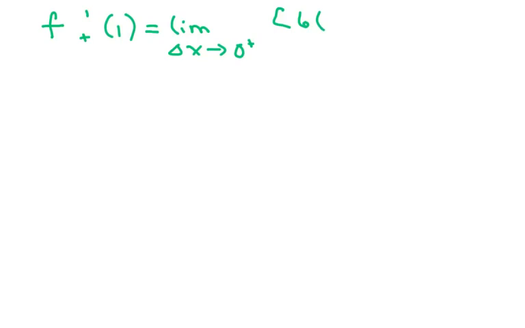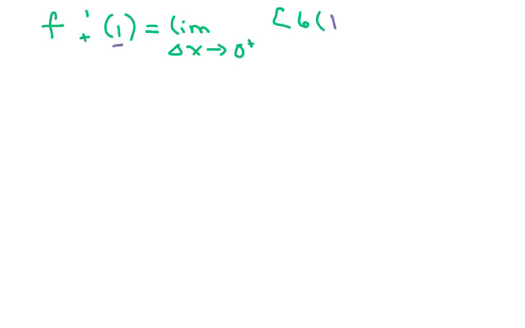We're going to take the first one, looking at the positive side. That's going to equal the limit as our change in x approaches 0 from the right side, so it's going towards the 1. And that's going to be 6, and our x is 1 here.